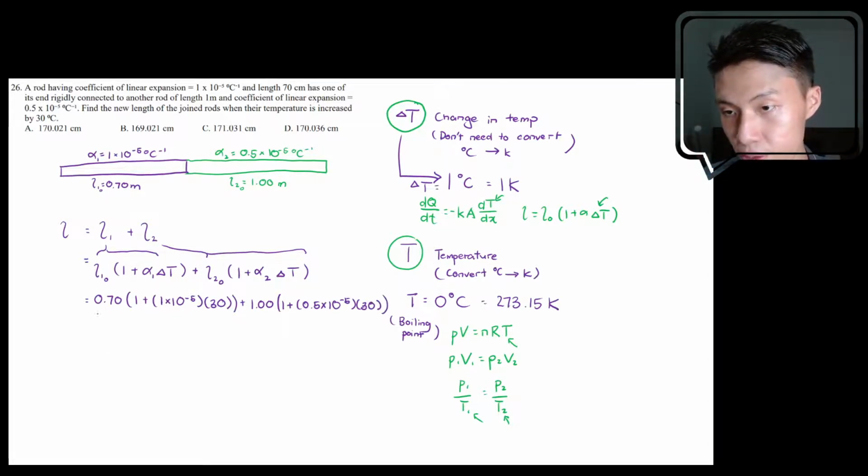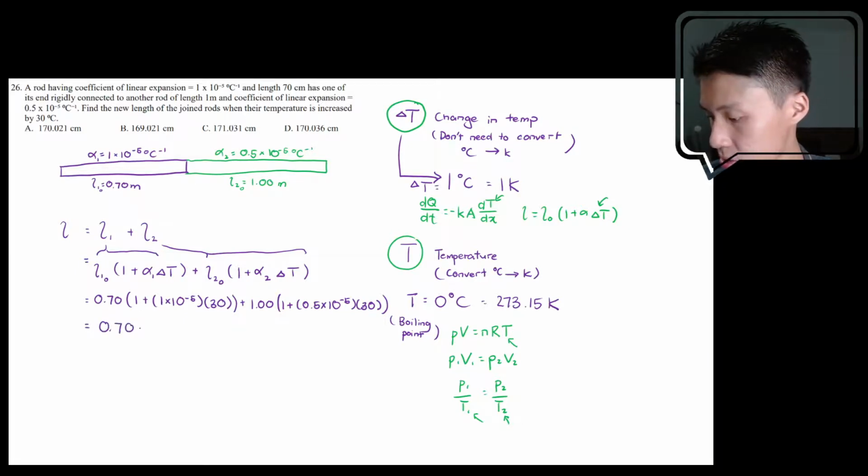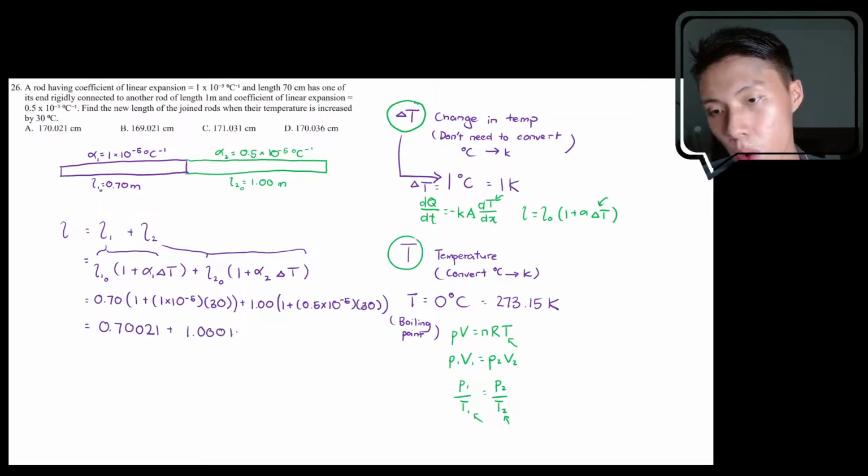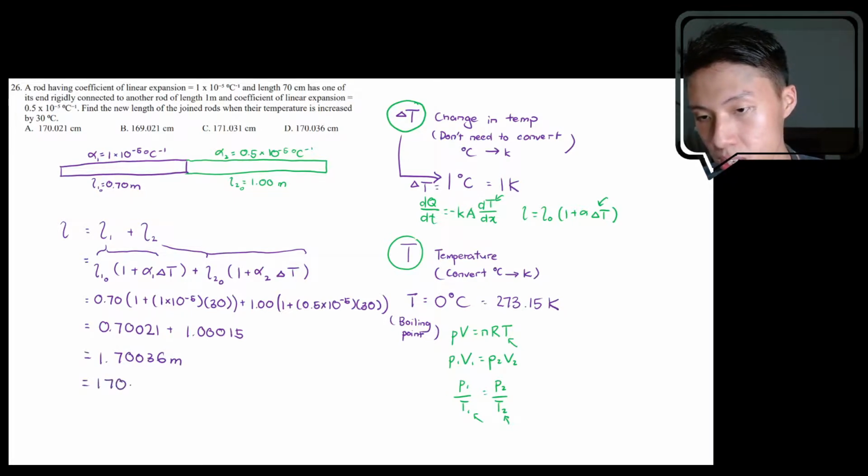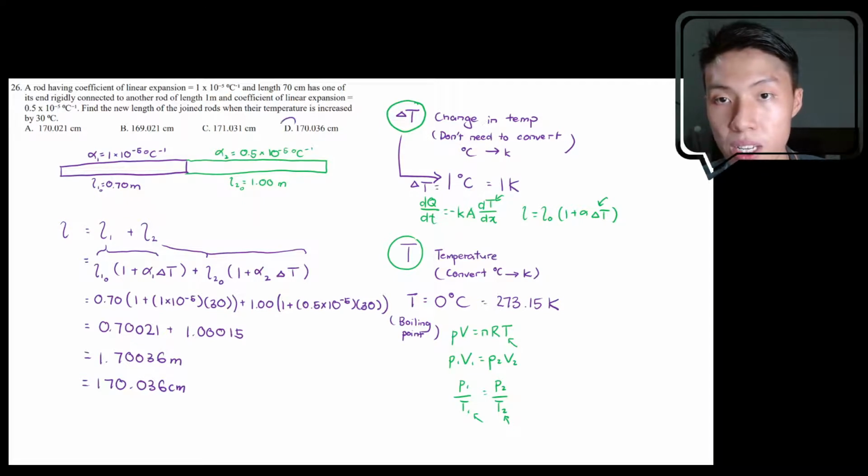I believe for the first term over here, you get 0.70021. For the second part, you get 1.00015. So if you add them up, what you get is 1.70036 meter. If you convert it back into cm, that will be 170.036 cm. So that's why our answer will be D.